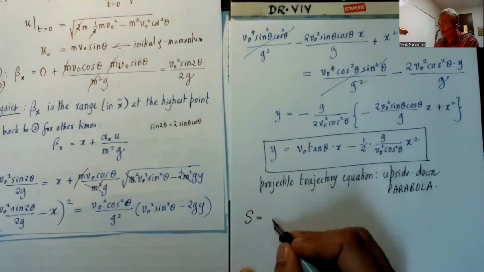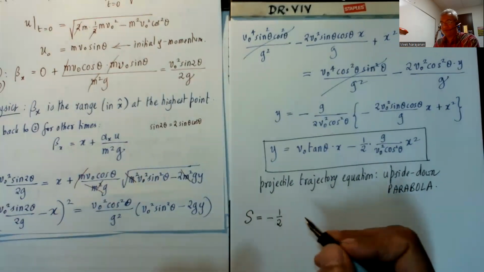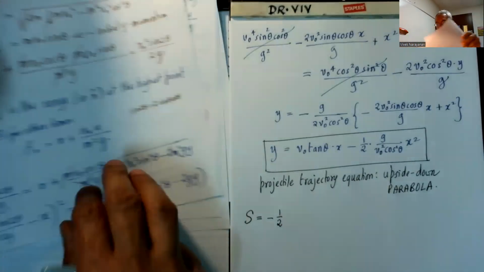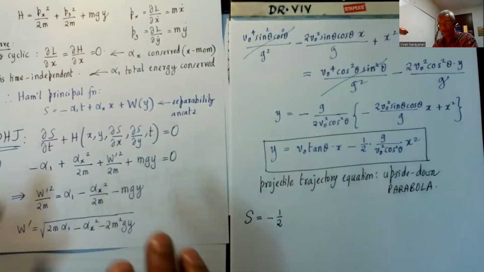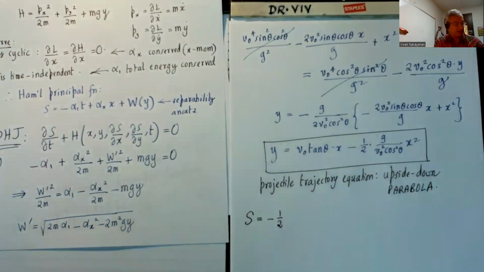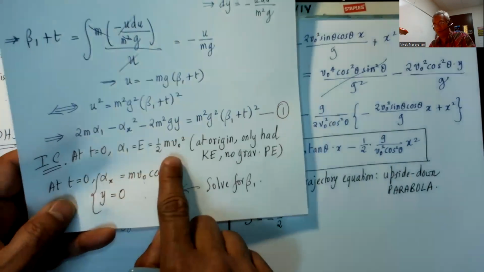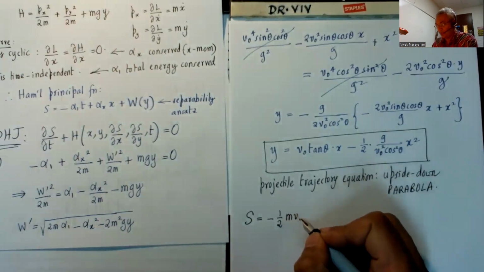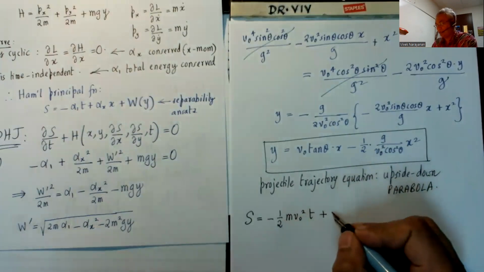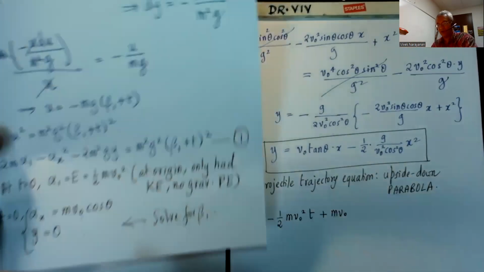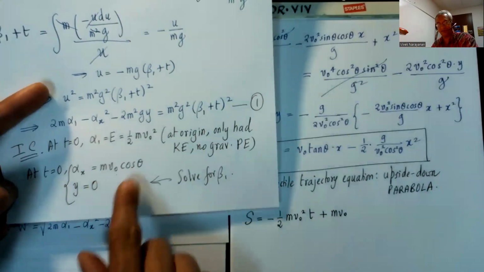S equals alpha 1 times t. Where is that expression for S? Things are all over the place here. So it's this one, negative alpha 1, and alpha 1 was equal to 1/2 m v naught squared. So it's 1/2 m v naught squared times t plus alpha x, which is equal to m v naught cosine theta from here, from the first initial condition.